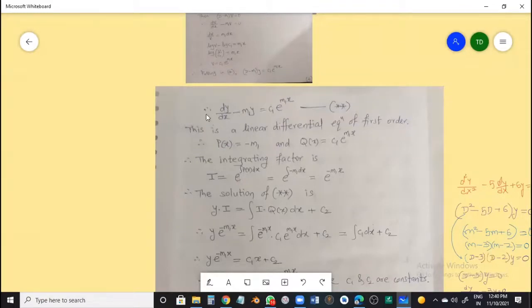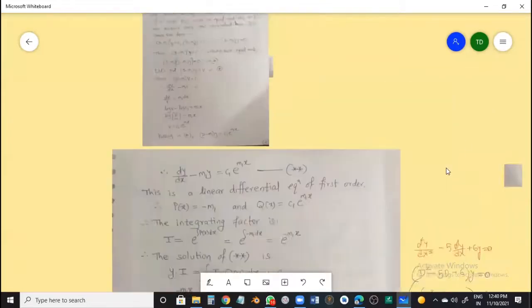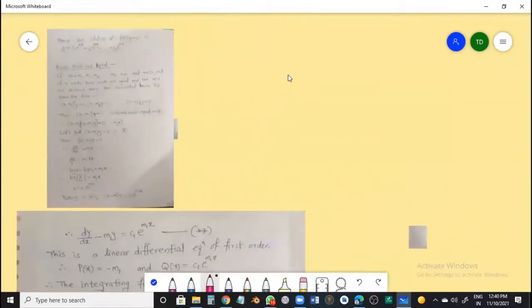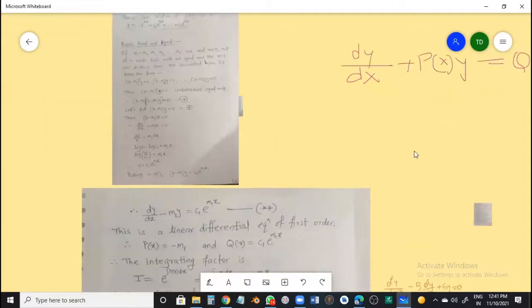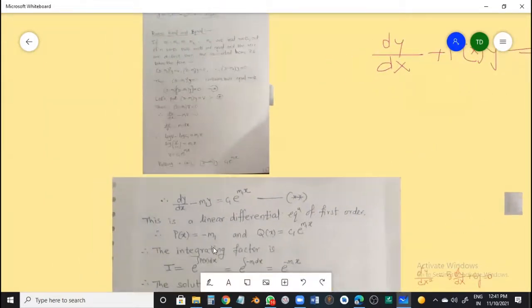Do you agree? dy by dx plus p of x times y is equal to q of x. This already you have learned in 12th also and in FY also. So the value of p of x, as you observe in this case, is minus m1. And the value of q of x is the right side, c1 times e raised to m1x.